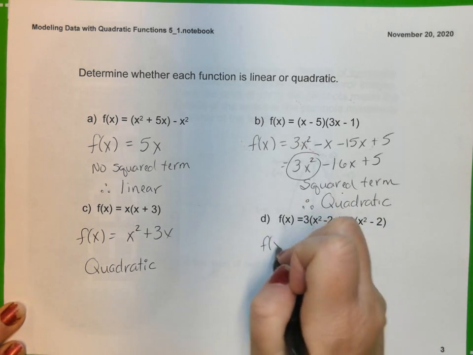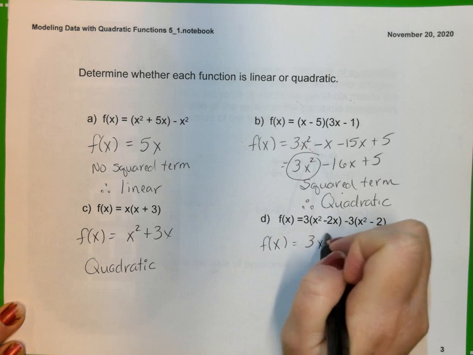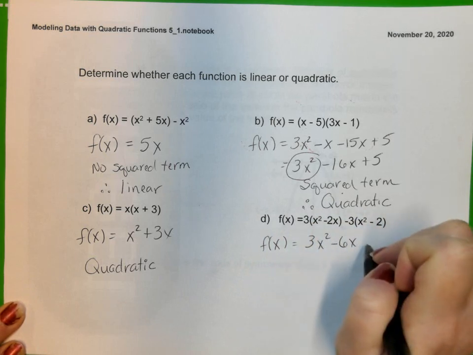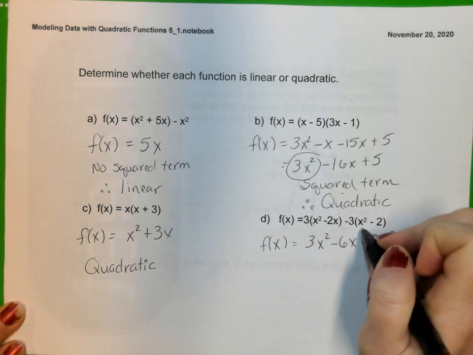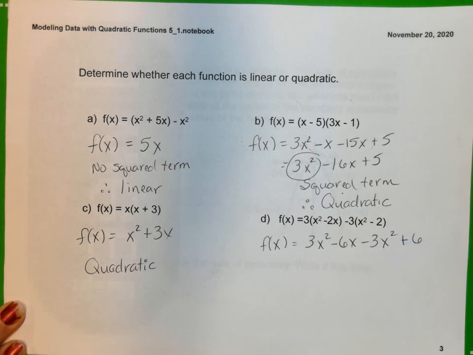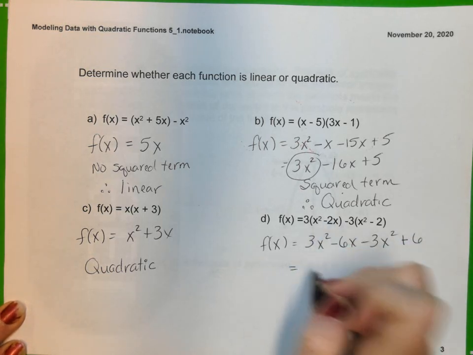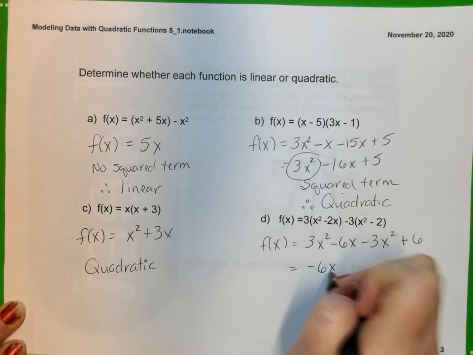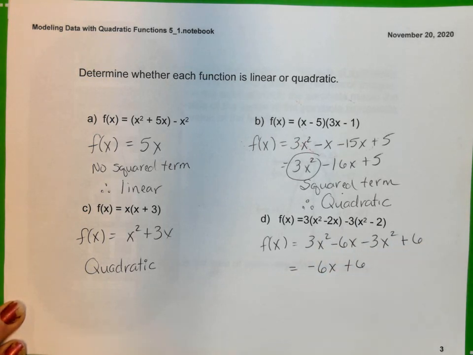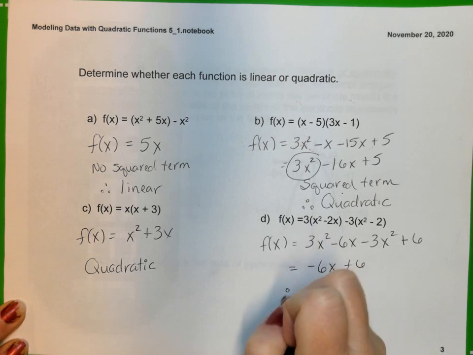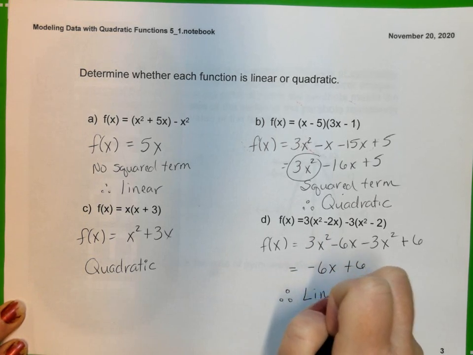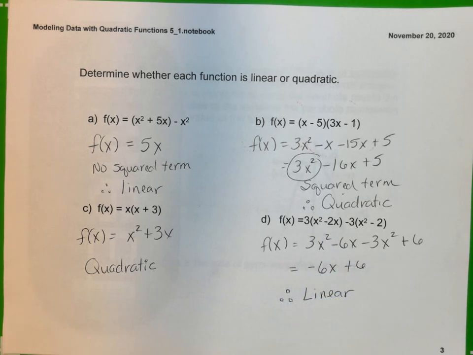We simplify. 3x squared minus 6x minus 3x squared plus 6. Well, 3x squared minus 3x squared, they go away. So I get negative 6x plus 6. No squared term, so this one is linear. Okay, that's how it works.